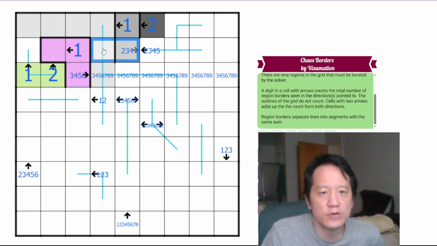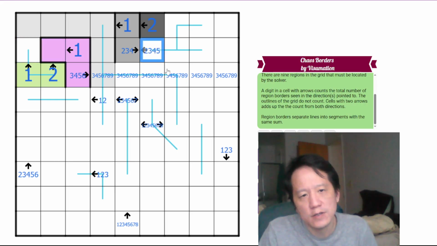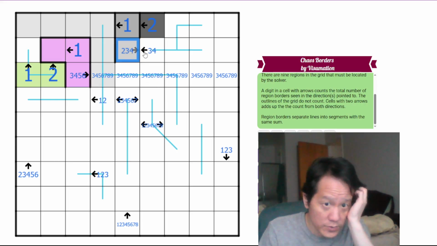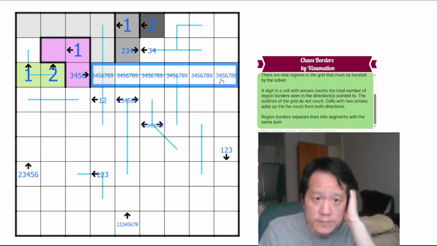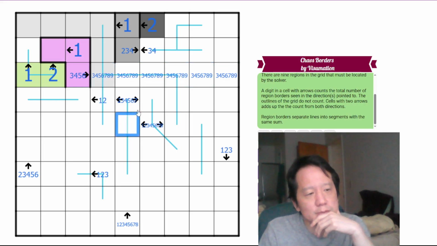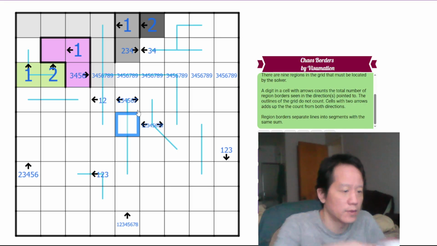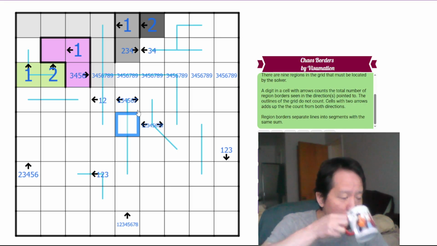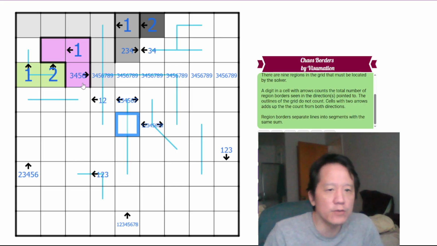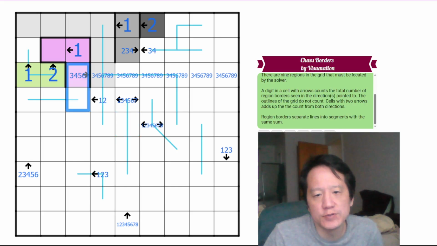This sees 1, 2, 3, at least, and it could be up to 4. This could be 2 through 4 this way. We know pink does have to go out this way.